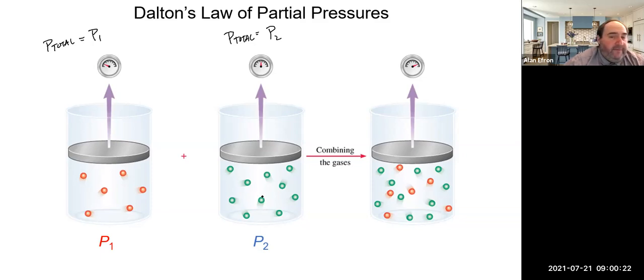But very often, gases are found as a mixture of different gases. Now, if we put our red molecules together with our green gas molecules in the third container, both of those gases are contributing to the overall pressure of that system. And in this case, the total pressure would be a result of P1 plus P2.